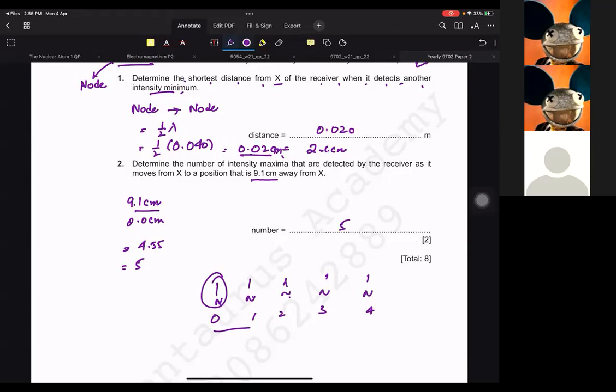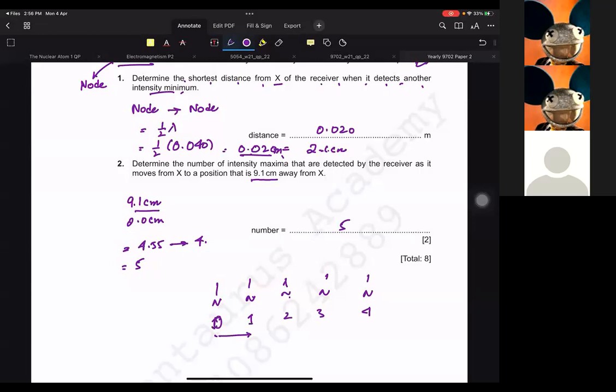So, if you look at the answer, I've always told you that even if it's 4.99, you've got to write it as 4. When you count, you start from this node, there were minimums, so you count 1, 2, 3, 4 like this. Because you're counting distances, there has to be 0 here.